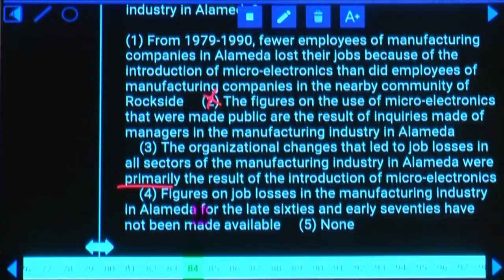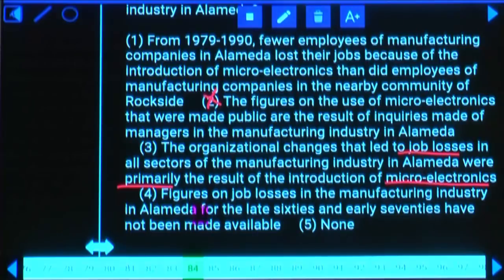Isn't it? Now, so here is clearly specified. What is the statement here? Now, all the job losses across all the sectors is just because of the introduction of microelectronics. ఈ మైక్రోఎలక్ట్రానిక్స్ ఇంట్రడ్యూస్ చేయడం వల్లే జాబ్లన్నీ పోయాయి అని వీడు అన్నాడు.